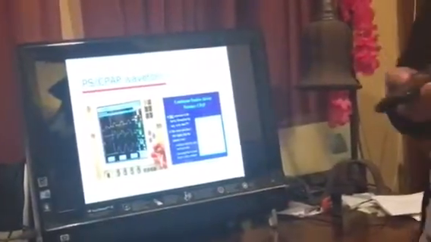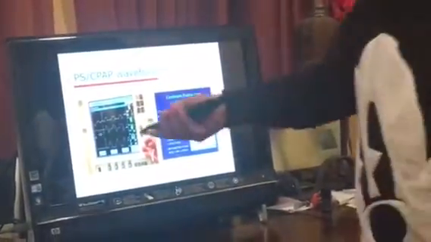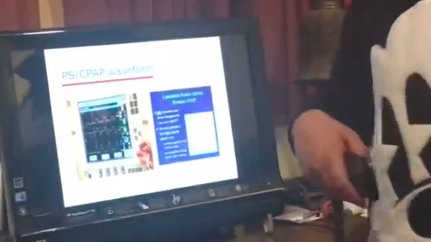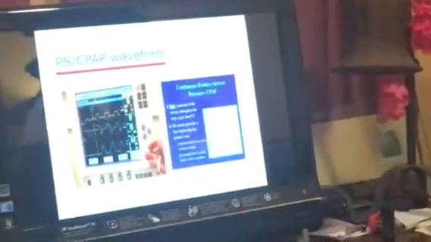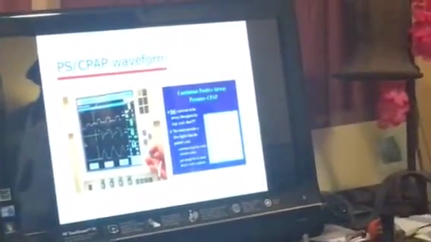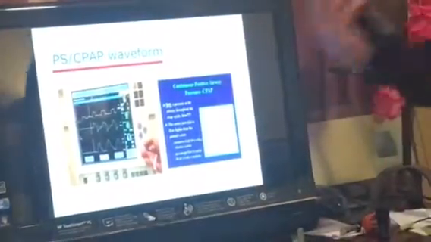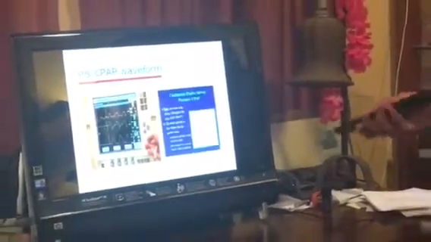That means that the patient is triggering that breath. So that red chunk in this green flow is the patient taking a spontaneous breath. So that's basically it for the waveforms.